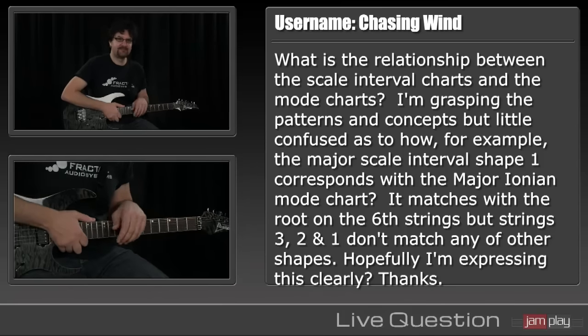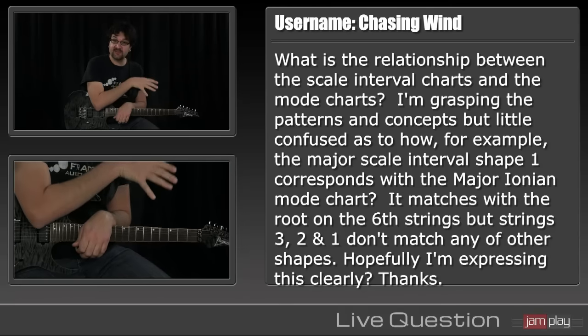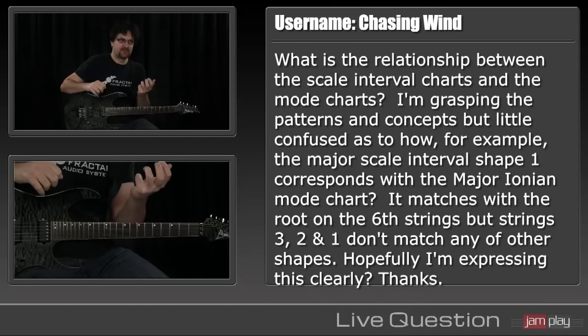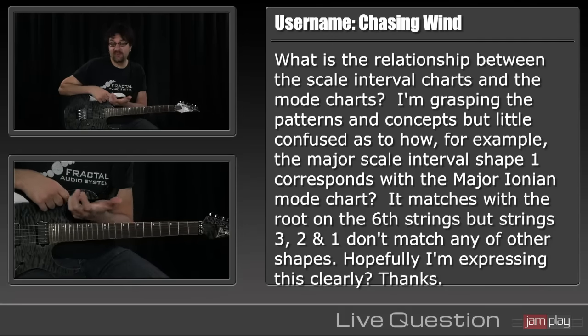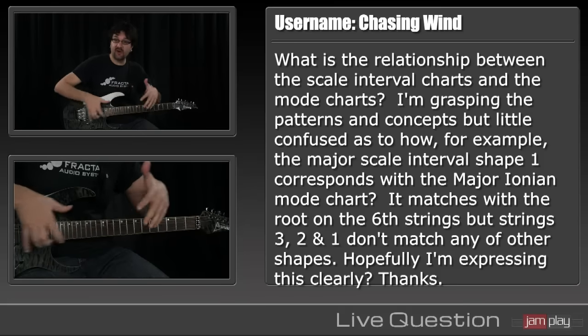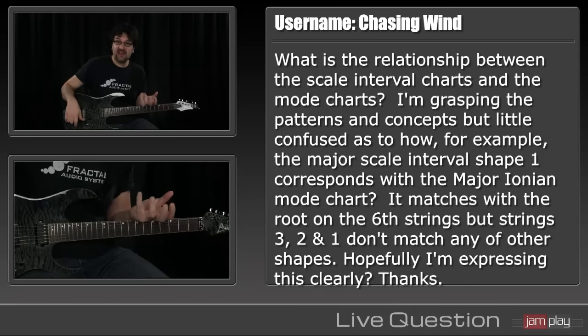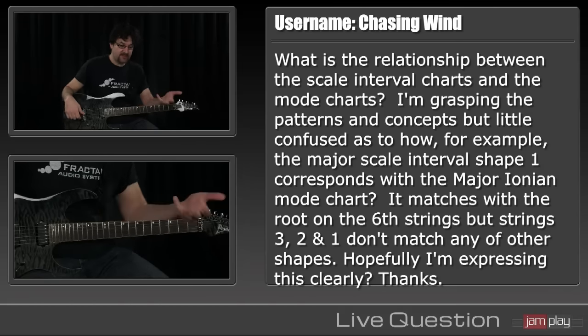Basically, you're referring to what I mentioned last week, where the shape that we used that listed all the major intervals and the perfect intervals, the shape that we memorized to determine all the other intervals, corresponds to the Ionian mode, the major scale.